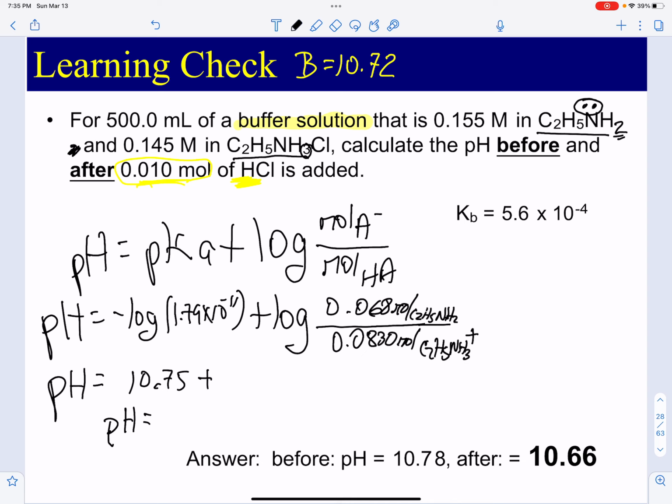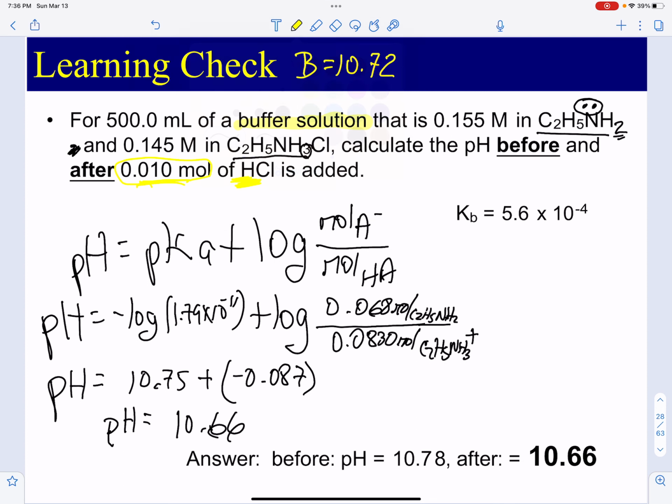And then I'm going to find the log of that. And that's going to give me minus 0.087, which tells me my pH is going to be 10.66.